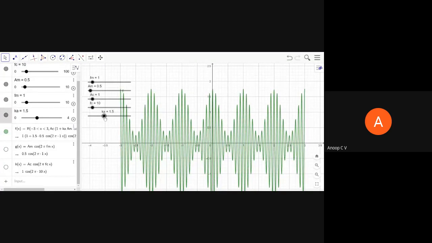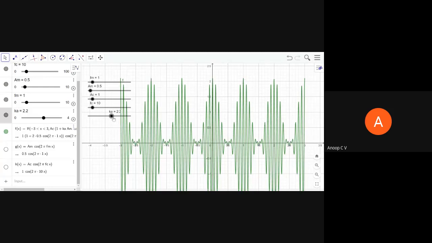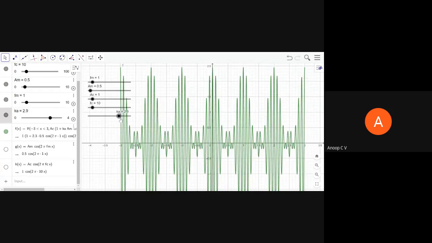You can see the depth of modulation increases, and when K is 2 here, and AM is 0.5, so 2 into 0.5 is 1. So when the maximum value of Ka into M of T is equal to 1, you can see exactly it touches 0. The envelope touches 0. But further, if I increase this, you can see the envelope is getting distorted.